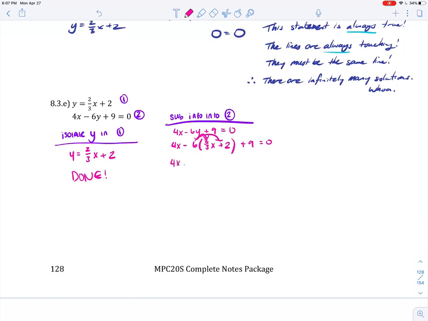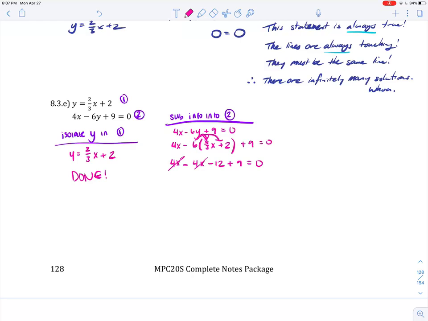This negative 6 applies to all of my y, so I am essentially distributing it to both those terms. 4x minus 6 times 2/3 will give me 4x, and negative 6 times 2 will give me negative 12.